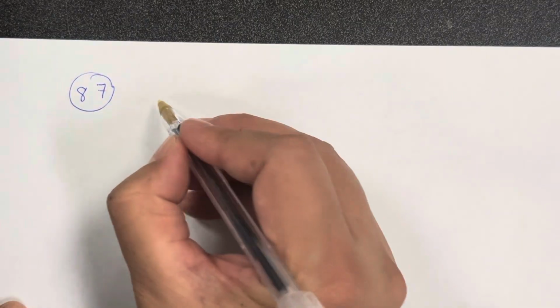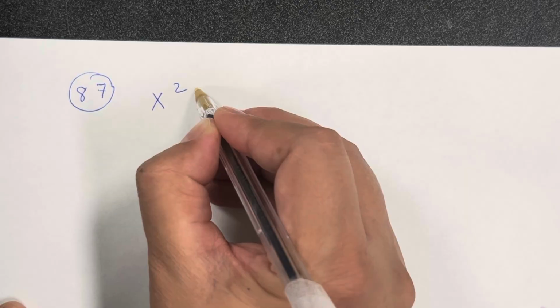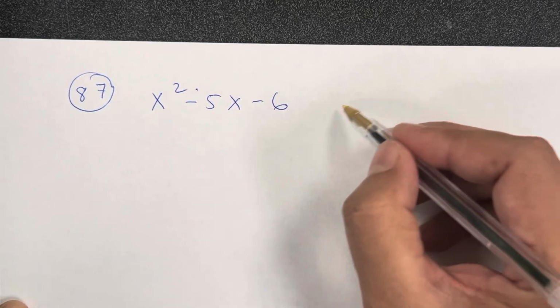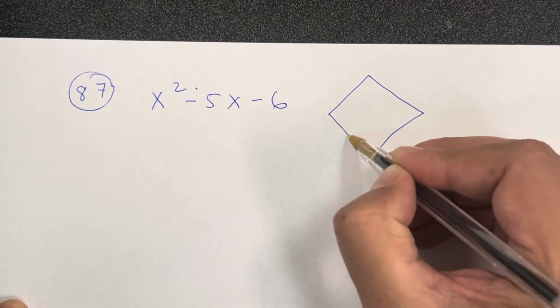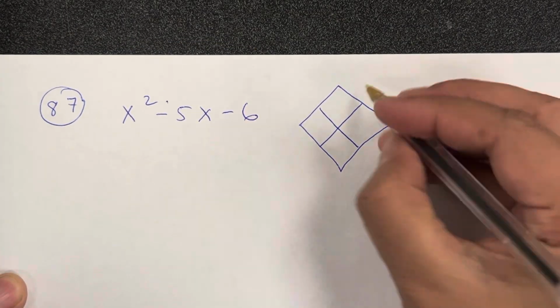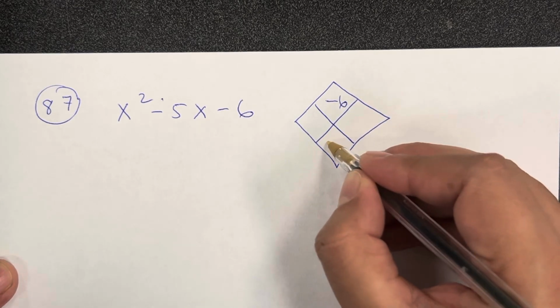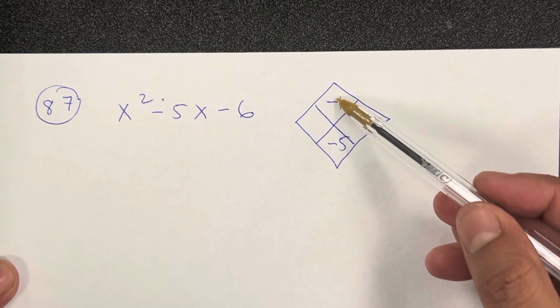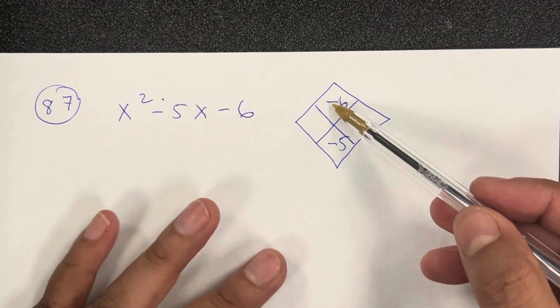Number 87, x squared minus 5x minus 6. Don't mind my diamonds. So the last one is negative 6. The middle one is negative 5. Okay, when the last one is negative, it tells you 3 things.